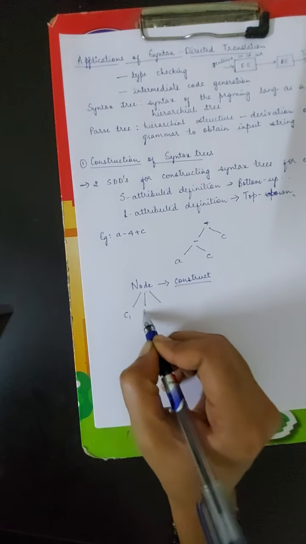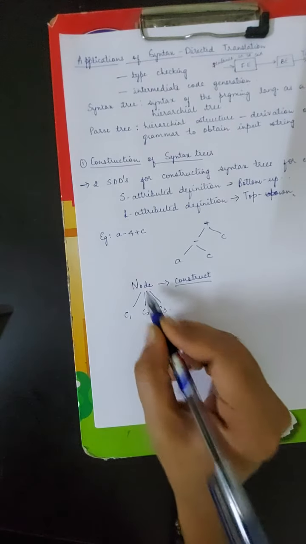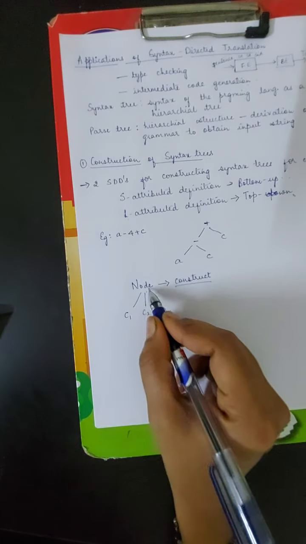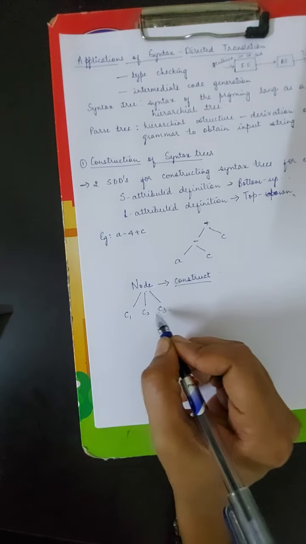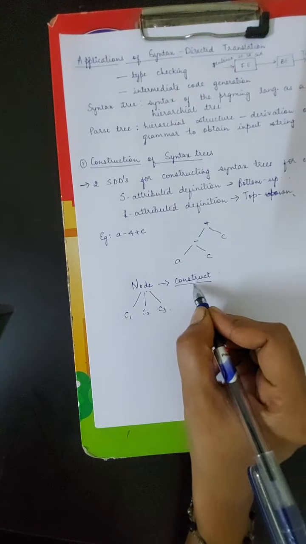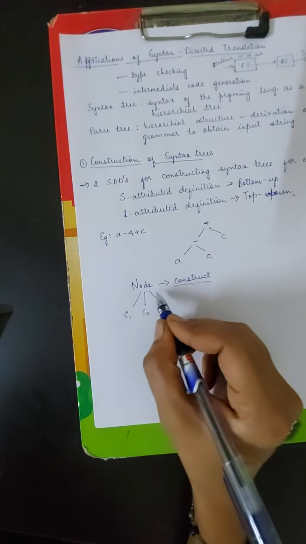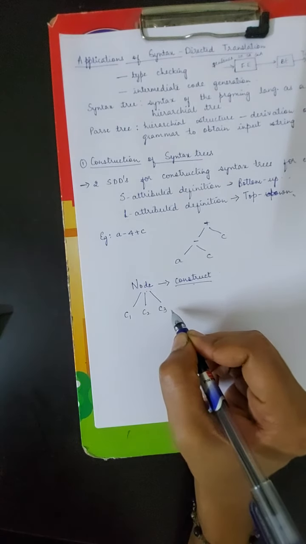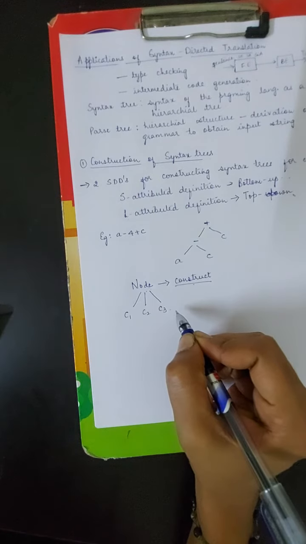Let me say C1, C2, C3 to be the children of this node. The children of this node represent the meaningful components of the construct. This construct is represented only when we look into its children's component constructs.